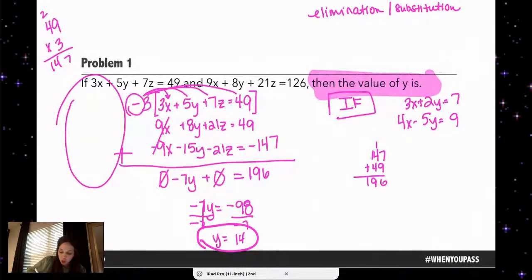And then when I solved that, I got negative 98. And then when we divide by a negative, we get a positive. But the whole purpose of that problem was to show that we were stressed about eliminating one variable and only having 2 left over, but it eliminated both. All right, let's move on to problem number 2.